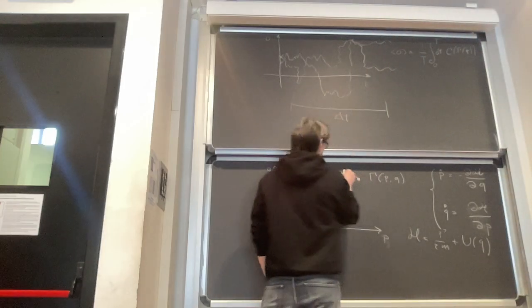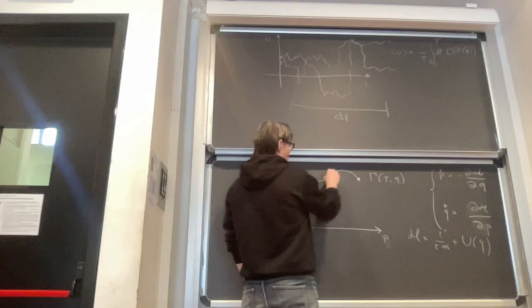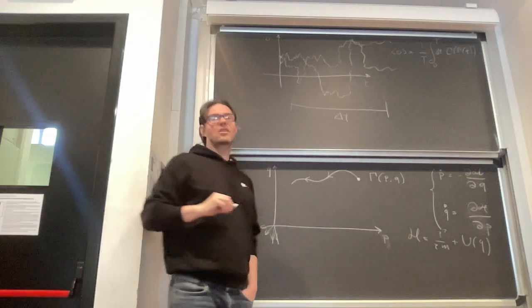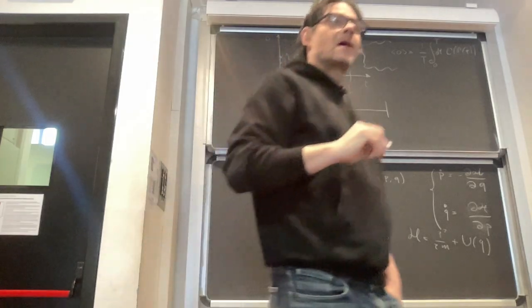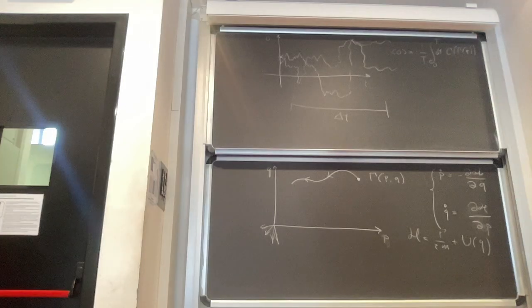So this is the trajectory that my system, with this particular initial condition, follows. Now, the fact that you have one and only one solution to the Schrödinger equation implies that trajectories never cross. This is clear for you, right?